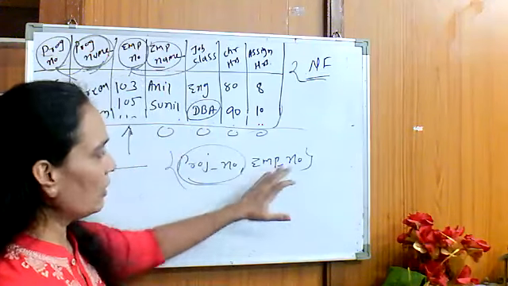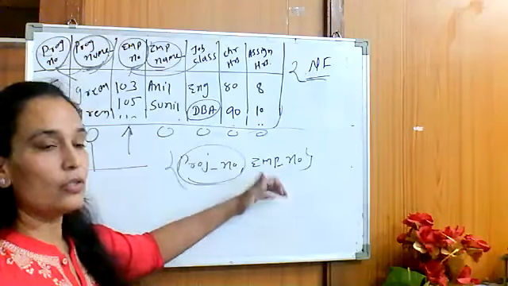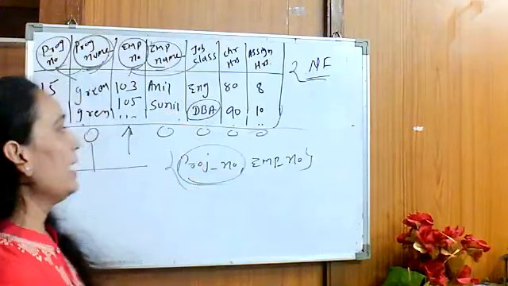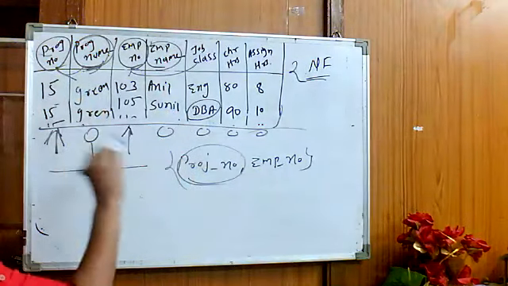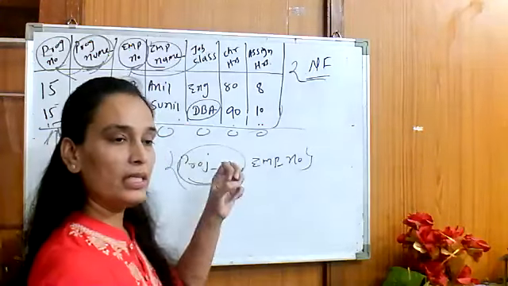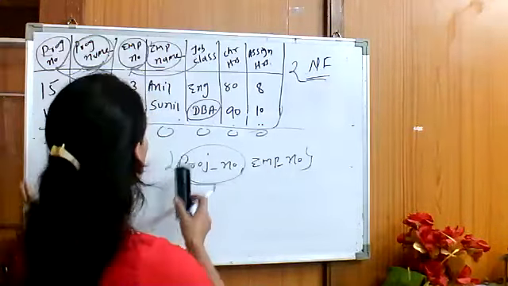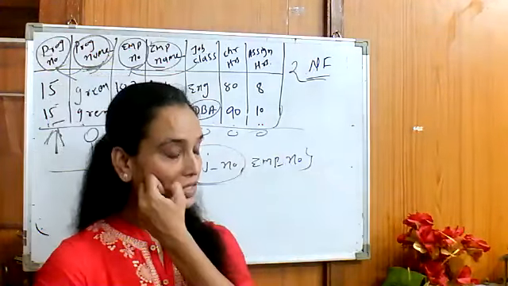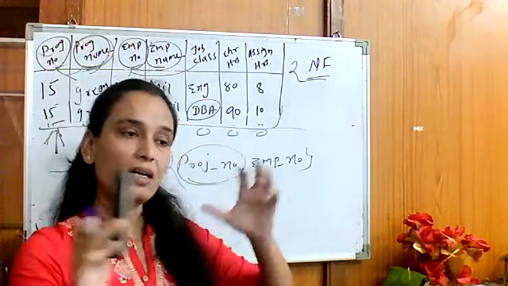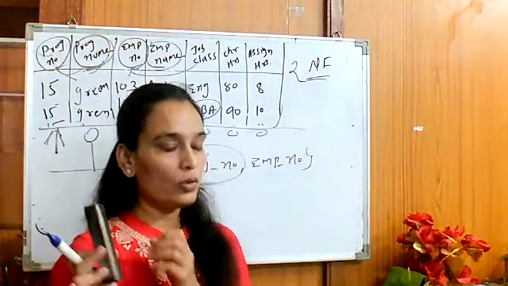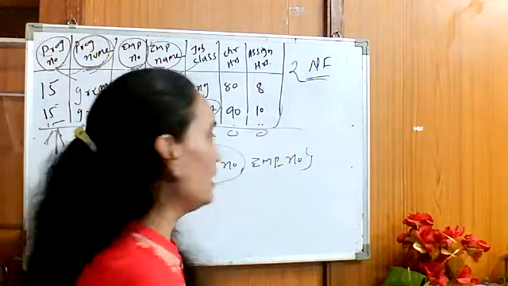But there is a composite primary key, so this table is not in second normal form and there is partial dependency. So how can we solve this problem and convert this table into second normal form? We have to decompose this one table into smaller tables.